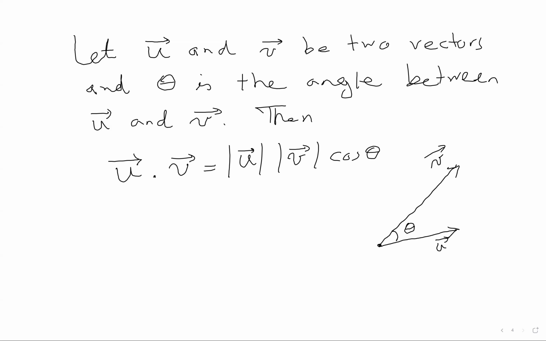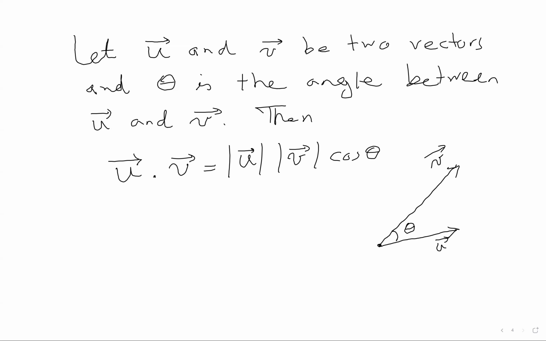They take this as a definition, then they prove the initial definition that we made. So if we assume one of them as a definition, the other one can be proved. But in any way, it turns out these two definitions are equivalent, meaning that they result in the same value for the dot product.